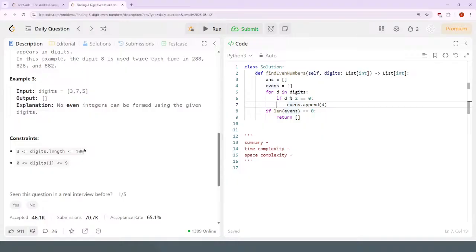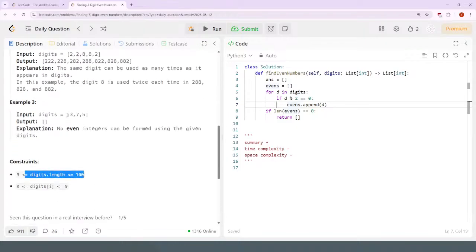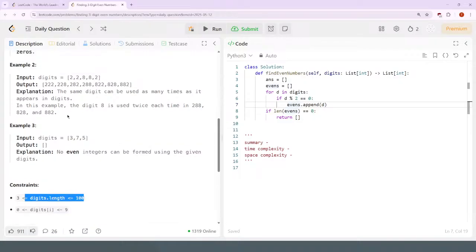So it's 100 in length, so it could be pretty long. Really, you can have at most 30, right? 10 for the first digit, 10 for the second digit, 10 for the third digit. Some of these are just going to be irrelevant.